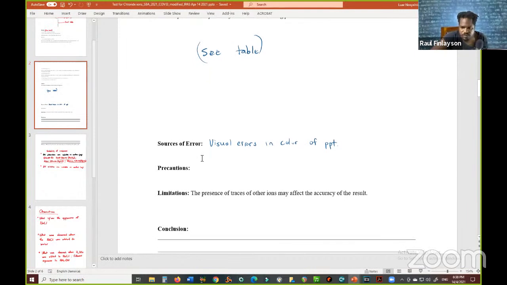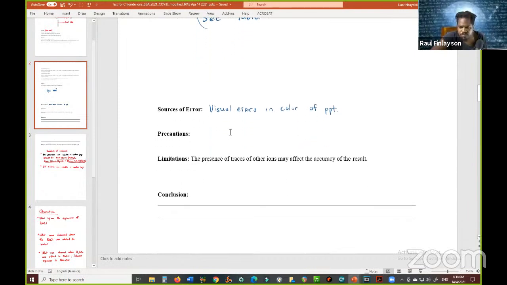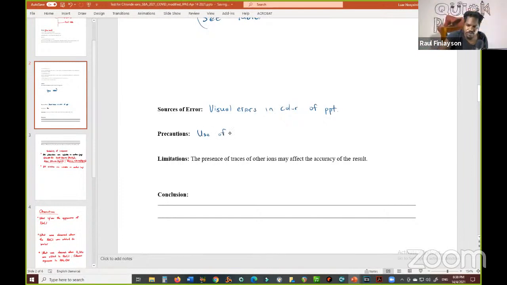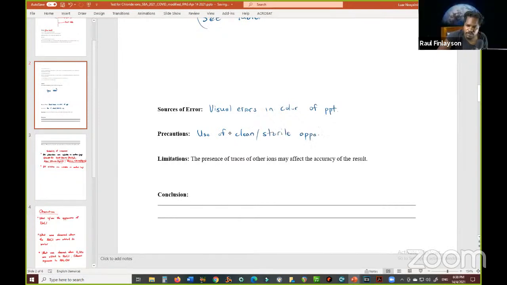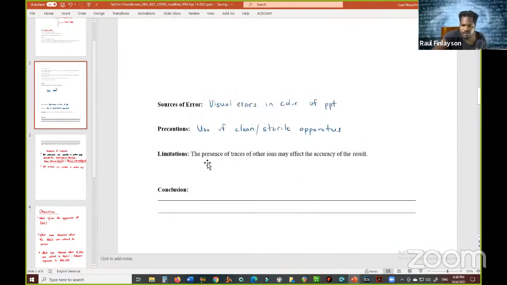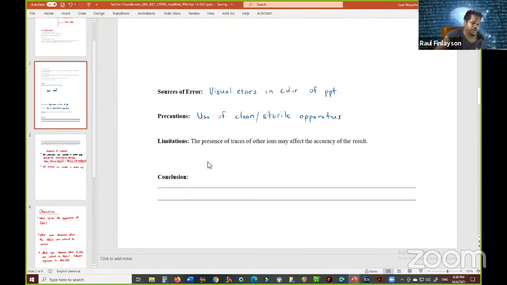All right, so that's clear. So use of clean, sterilized apparatus. All right. Conclusion now. Your conclusion will be what from this experiment?